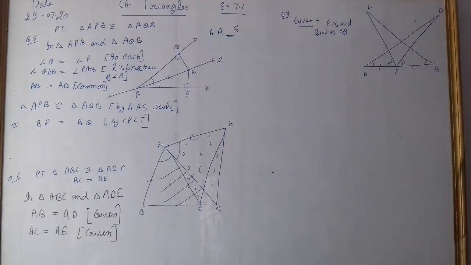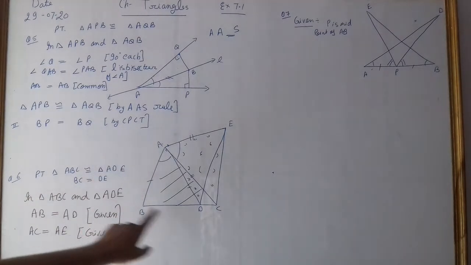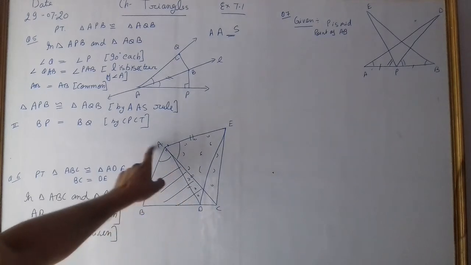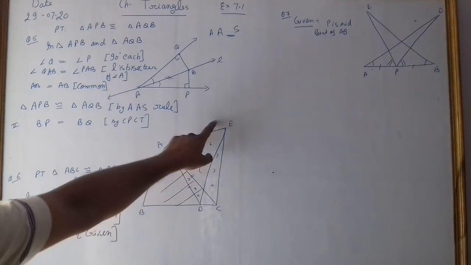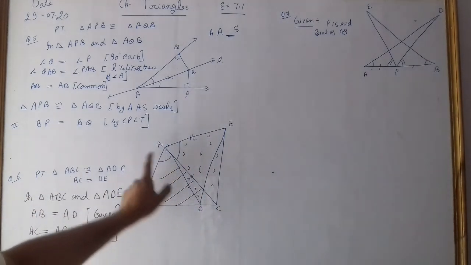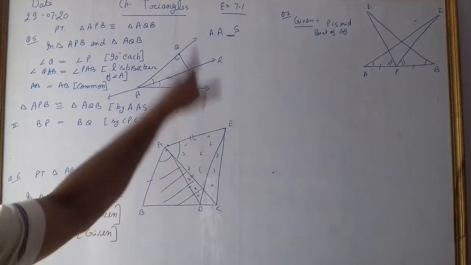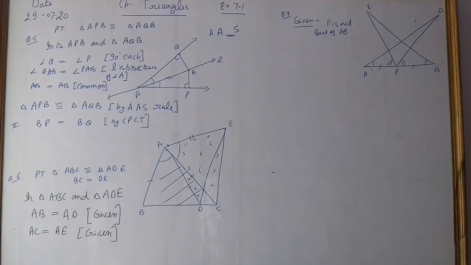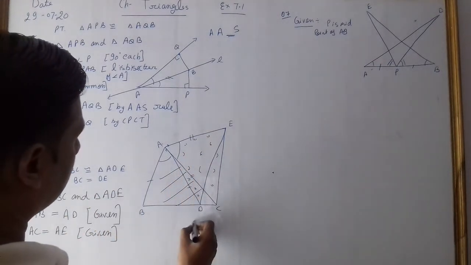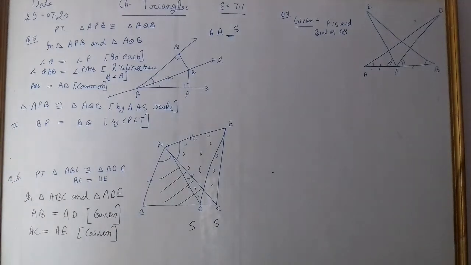Is it clear, student? First AB, the side of ABC, is equal to AD of side ADE. Same as AC side of ABC is equal to AE side of ADE. Right? Now we got two of the sides. Side and again side. Side and side.